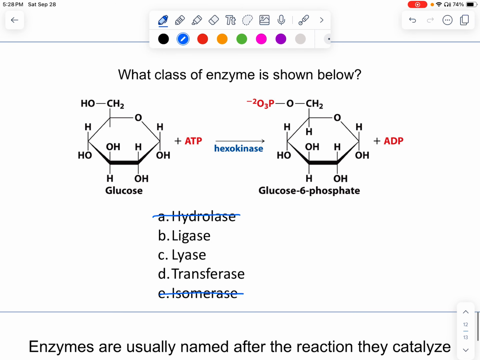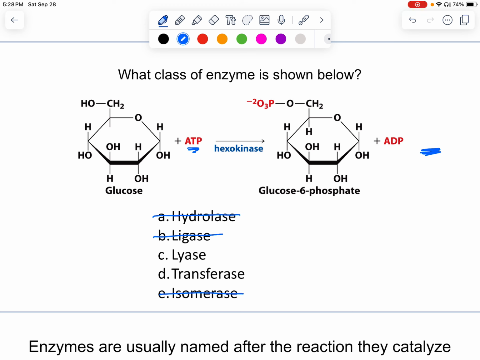When I come down here, I do see that I have ATP, but I don't have that free phosphate over here. So I'm not going to expect this to be a ligase. And I specifically wanted to include that one because often when people say ATP, they're like, oh, done, ligase. But that's not the case.